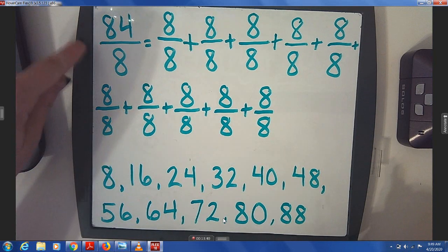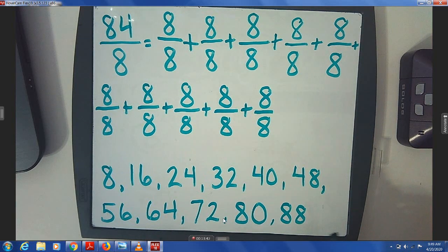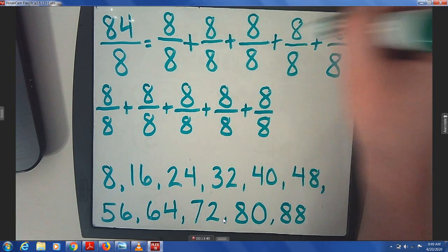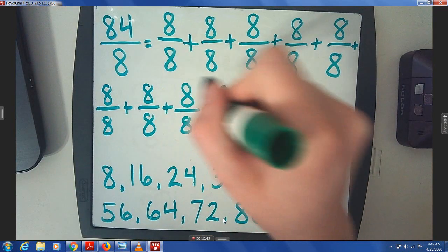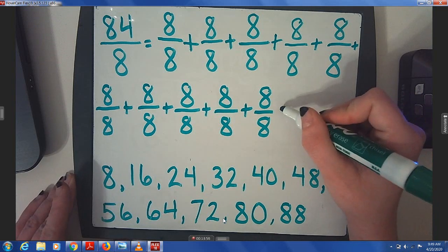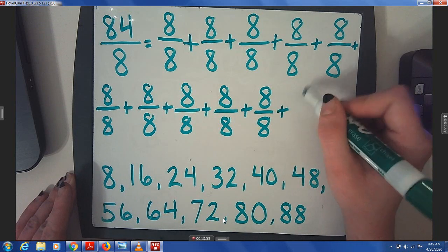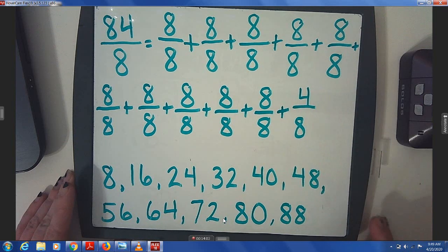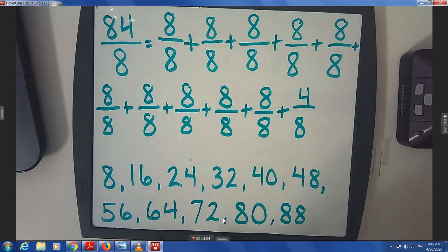So counting by my eighths, I have 1, 2, 3, 4, 5, 6, 7, 8, 9, 10 wholes of 8 eighths, and 10 times 8 is 80, plus what would be left to get me to 84, which is 4 eighths. And now I can create my mixed number.